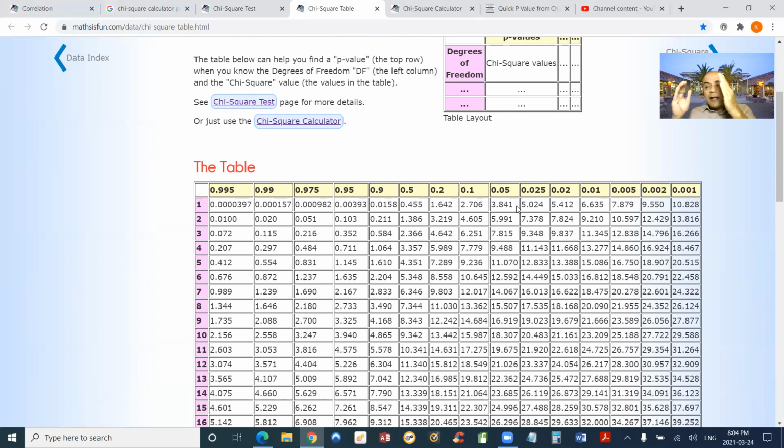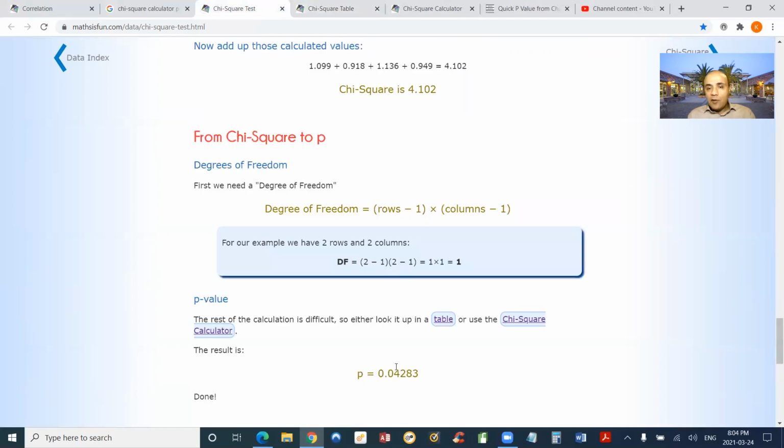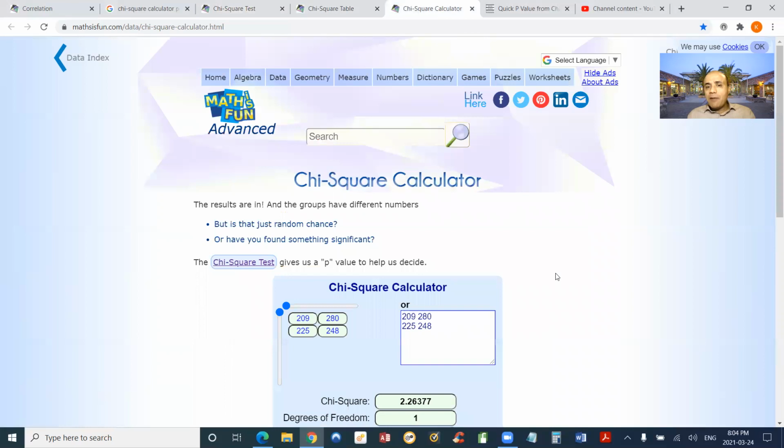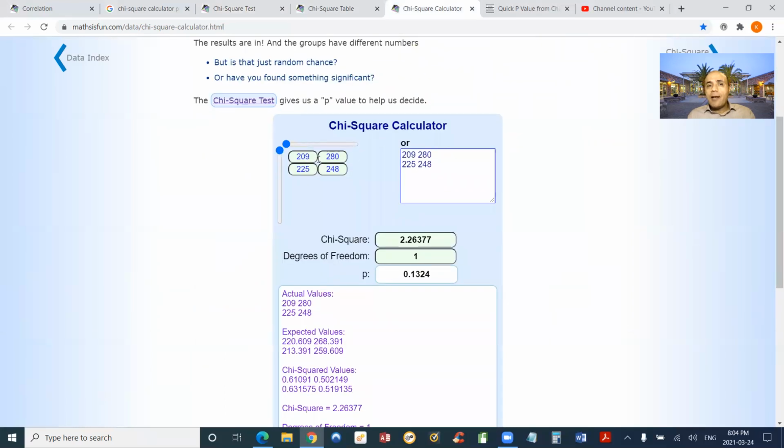If I just do a kind of a linear interpolation and attach it to the line, 4.102 is going to actually get me to somewhere between 0.025 and 0.05, and as a matter of fact, it's going to be 0.04283.